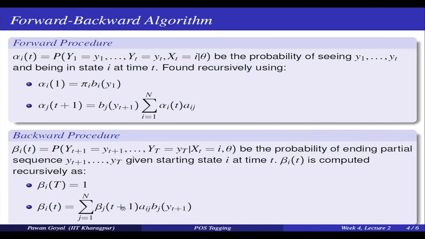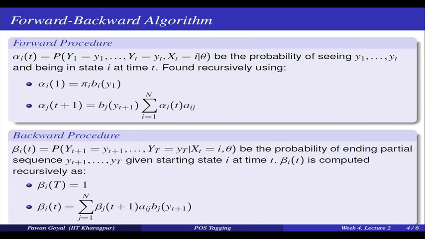So this is beta_j at time t plus 1, the transition probability from i to j, and the emission probability for the (t+1)th observation, and you will sum over all the possible states j. So very similar to the forward procedure, that is what you will do in the backward procedure for computing beta in a recursive manner.